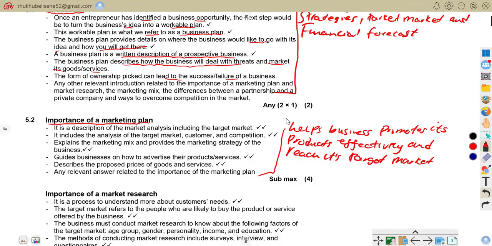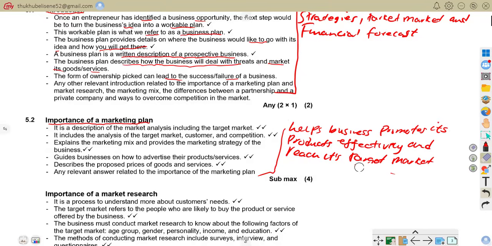That is in short when you're talking about the importance of a marketing plan: to promote your business, promoting its products or services effectively for it to reach its target market.